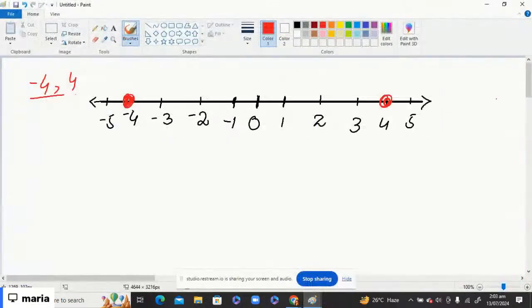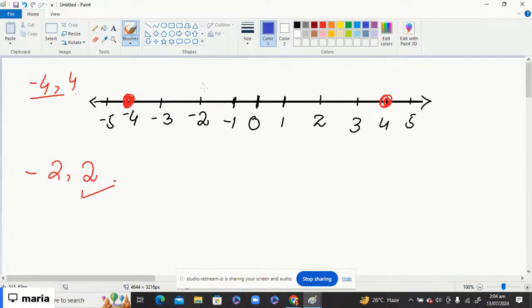Let me tell you, if the question is, for example, minus 2 and 2, and mark these two numbers on the number line.